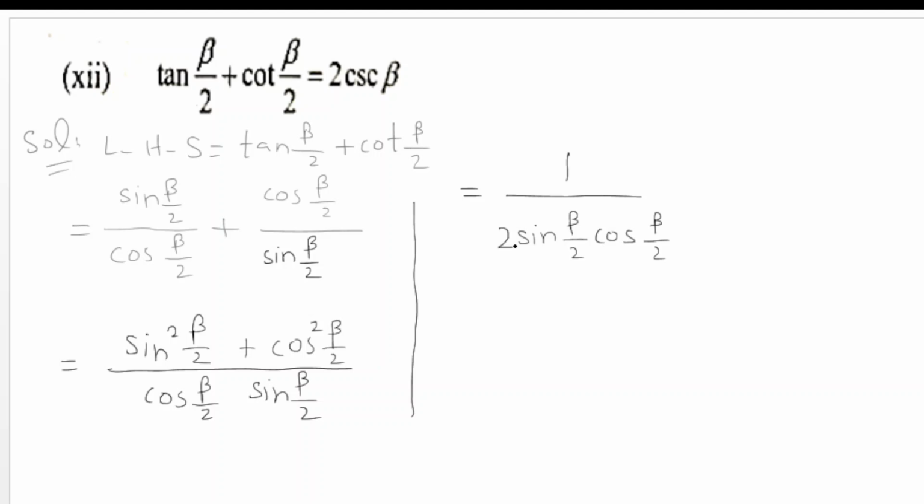Let me write here divide and multiply by 2. So the 2 up and down will be cancelled. As we know that the formula of sine 2 alpha is 2 sine alpha cos alpha.